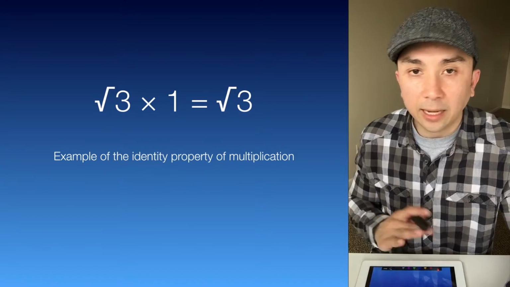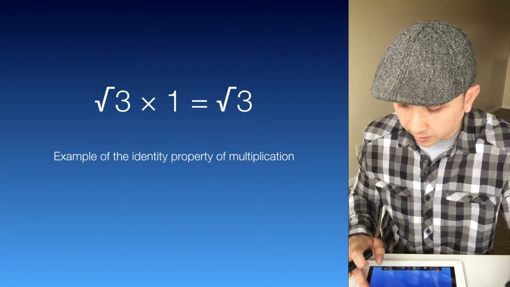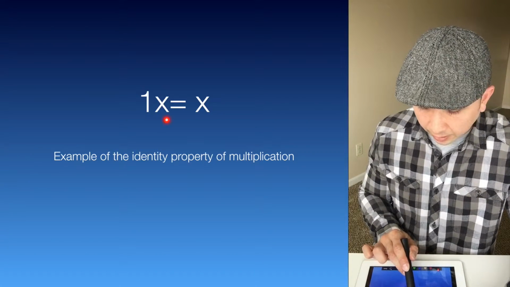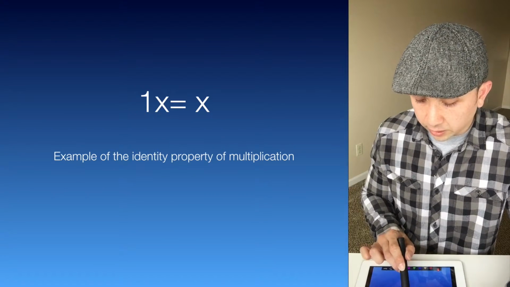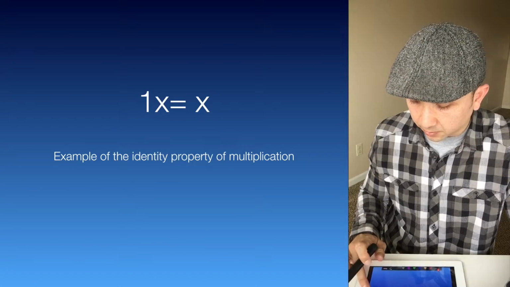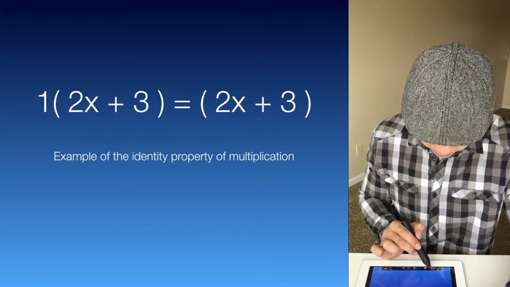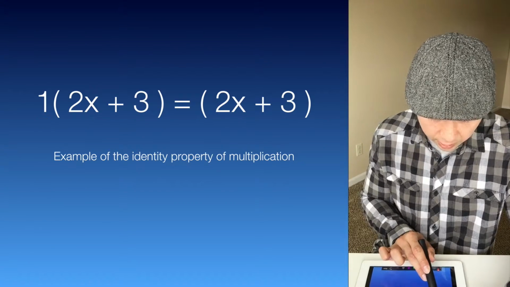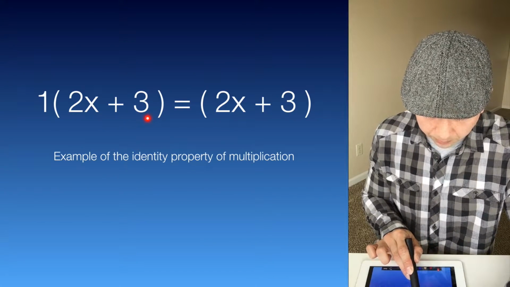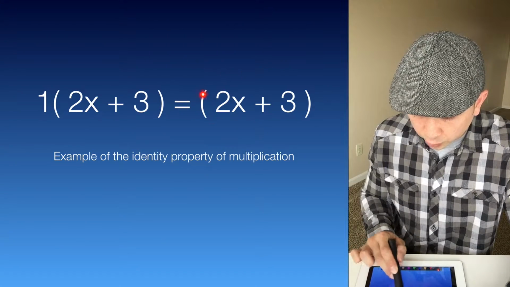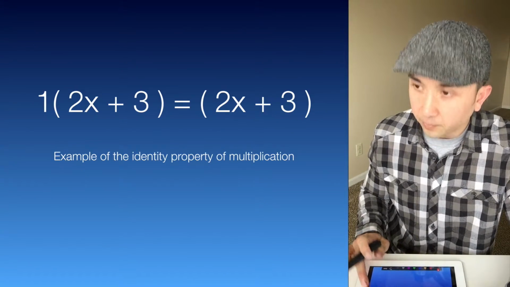Multiplying any number times 1 is that same number. Here we're multiplying x by 1, which just equals x. Here again, we're multiplying 1 times 2x plus 3, which just equals the same number, 2x plus 3.